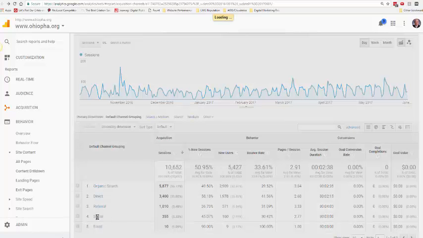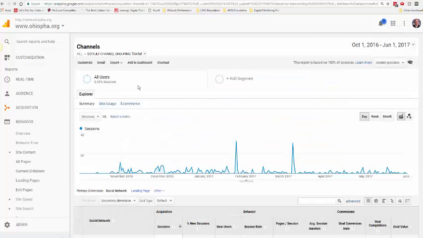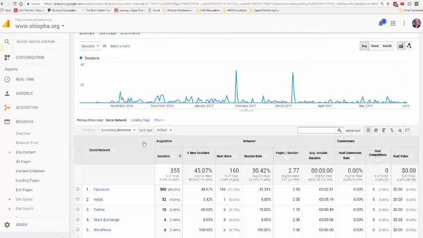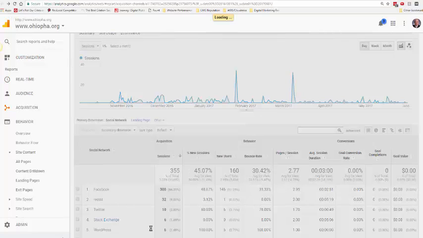Let's see what social is, by the way, while we're here. Facebook is a big one. So 84% of the social traffic is coming from Facebook. So that's a good thing, I think.